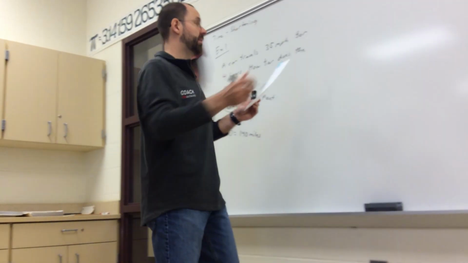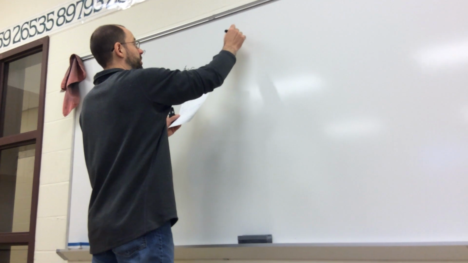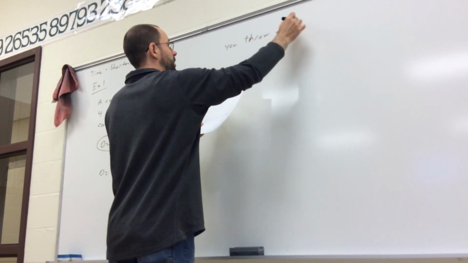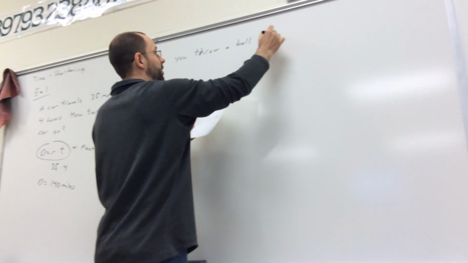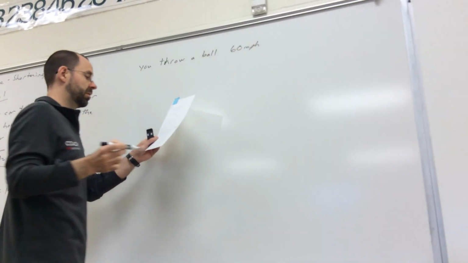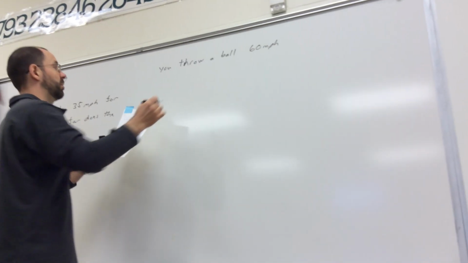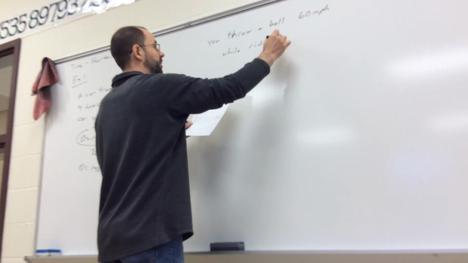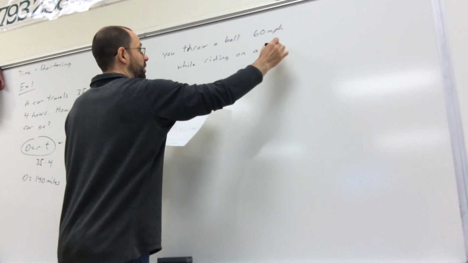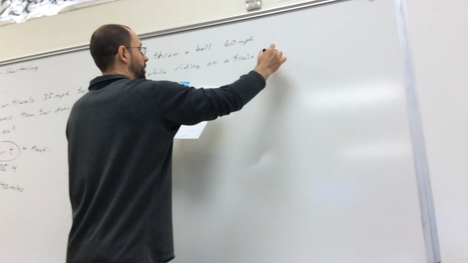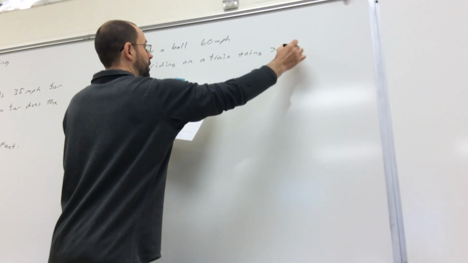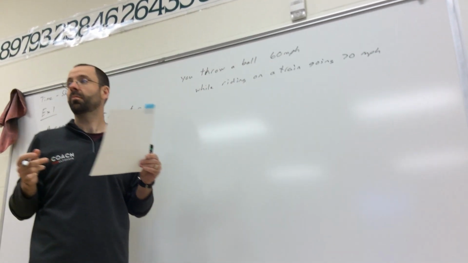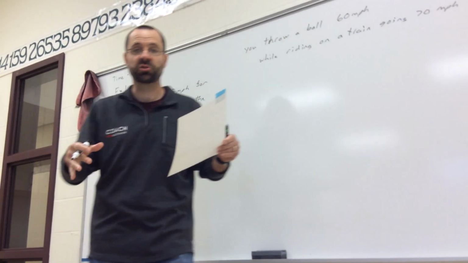Okay, now, let's say you throw a ball 60 miles an hour while riding on a train going 70 miles an hour. So you've got this train, right?